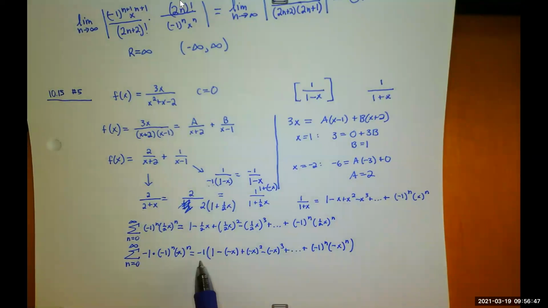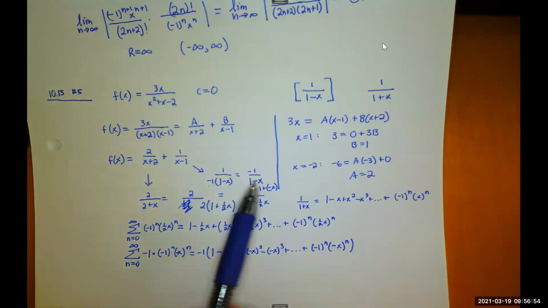That's really neat. Check that out. Multiplying this by -1 is the same thing as multiplying this series by -1. How about that?